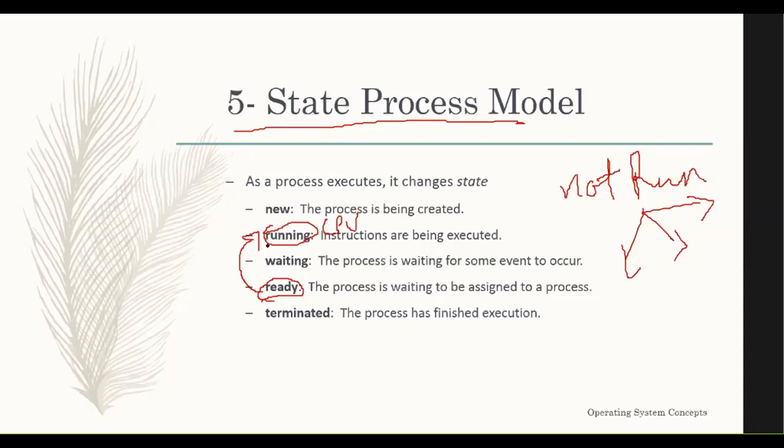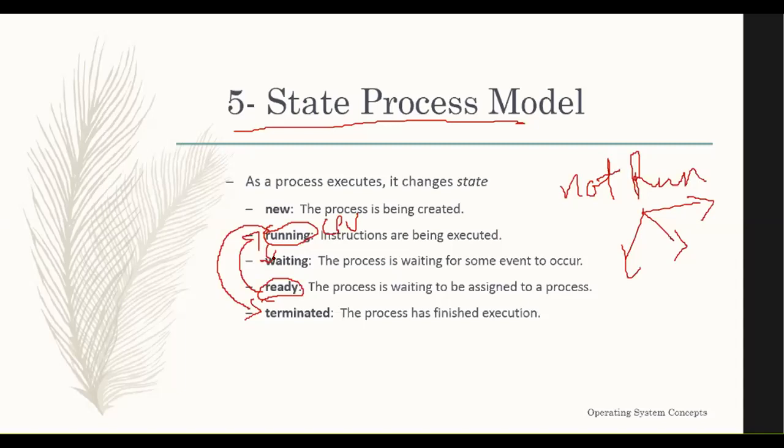Now after running, there are two possibilities. One is that the process will get terminated, or the other is that the process will move to the waiting state. Termination is quite a known thing, that the process has completed its task. And waiting means that due to certain reasons the process wants to wait for something else.